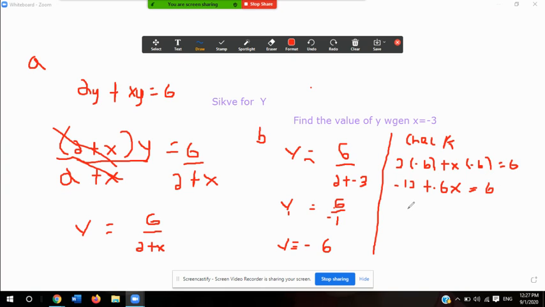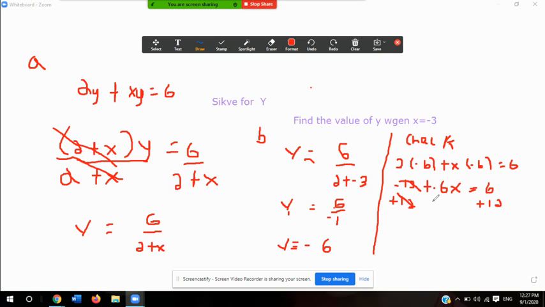So, of course, I'm going to get rid of the -12 by adding 12, and then add 12 on this side. Then this side is going to cancel out, and that would leave me with -6.